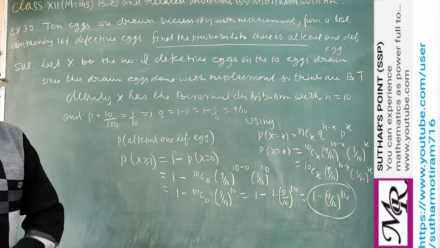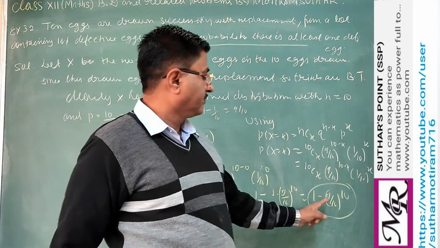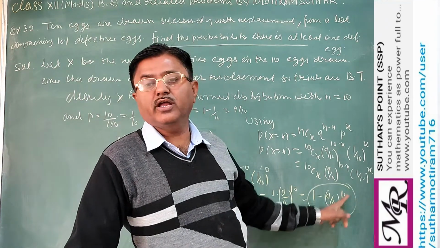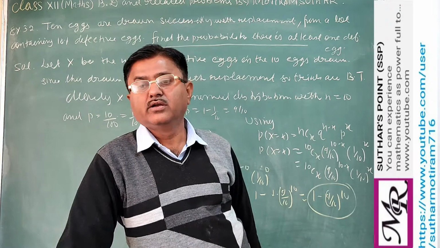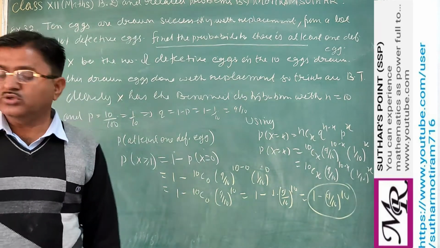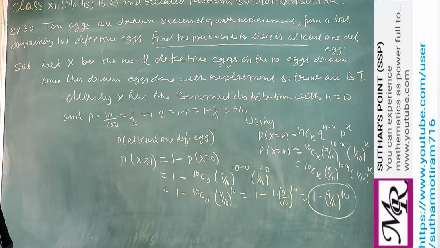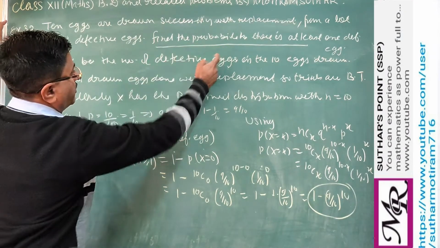Now no need to further solve because this is a very large value. When you are writing 9 power 10 upon 10 power 10, 9 into 9 into 9 into 9, 9 power 10, divided by 10 power 10 and taking LCM, this is a very large process. So the answer as it is can be accepted.